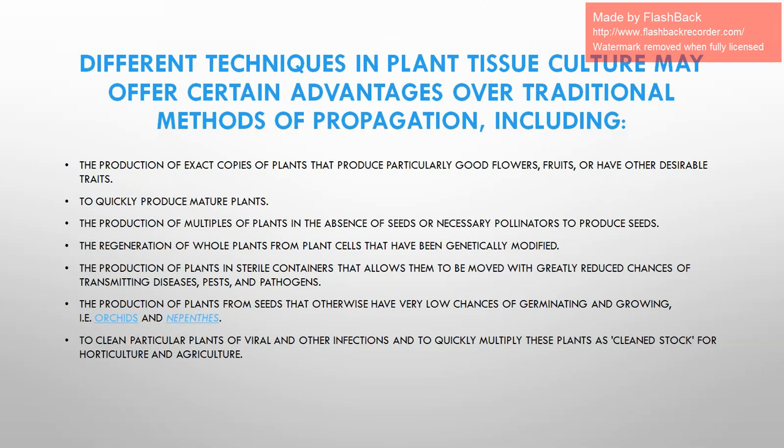We can use plant tissue culture techniques, means here the virus free plantlets or plants which are produced are free from any kind of infection, and this type of sterile plant, we can call them clean stocks, can be used for horticulture and agriculture purposes.